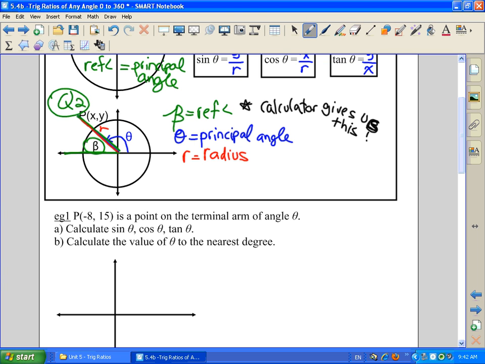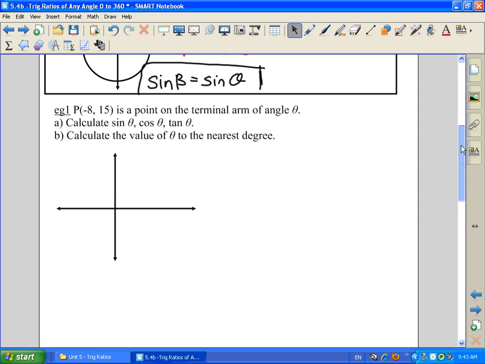Because the terminal arm of both the reference angle and the principal angle is at the same spot. Okay, so that's why they equal each other. So I want you to write in here that the sine of beta equals the sine of theta. Okay, and that same would work with cos or tan, ladies and gentlemen. All right, awesome. Let's show you an example and we can figure out how to do this.